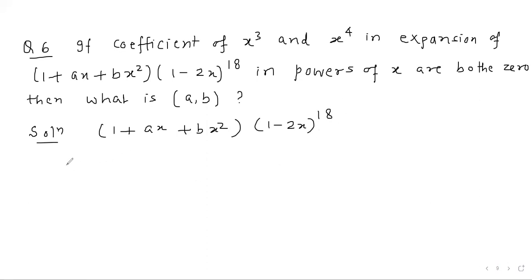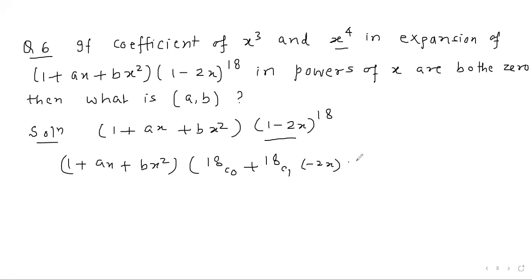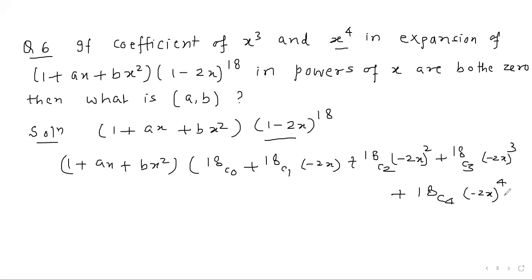Now we expand this term till x power 4. So (1 plus ax plus bx square) times 18 C0 plus 18 C1 (minus 2x) plus 18 C2 (minus 2x) whole square, 18 C3 (minus 2x) whole cube, plus 18 C4 (minus 2x) power 4 and so on.